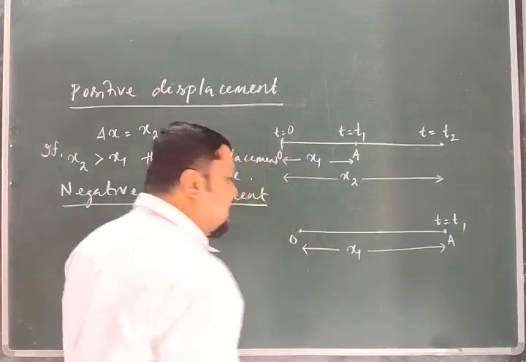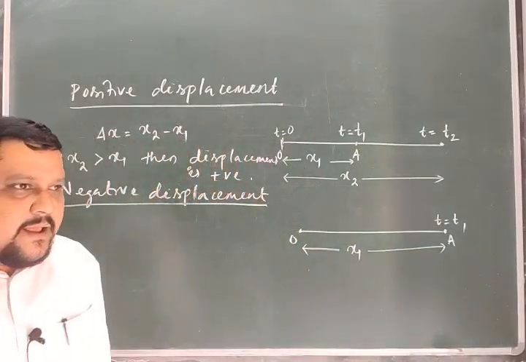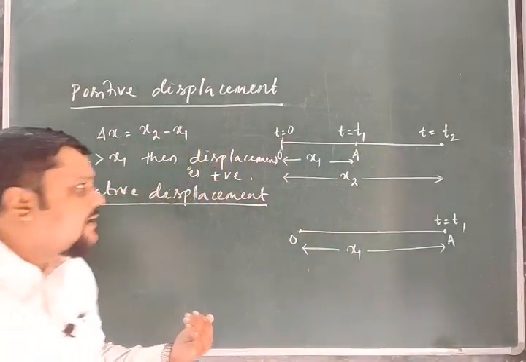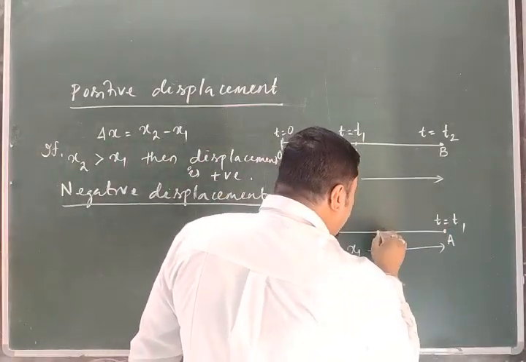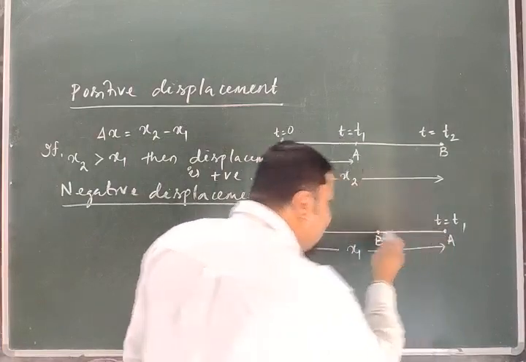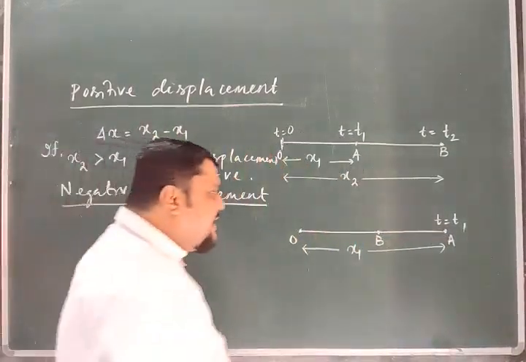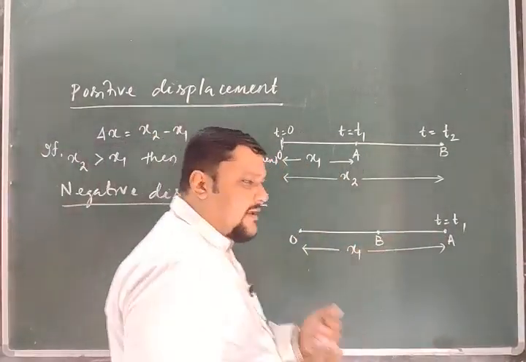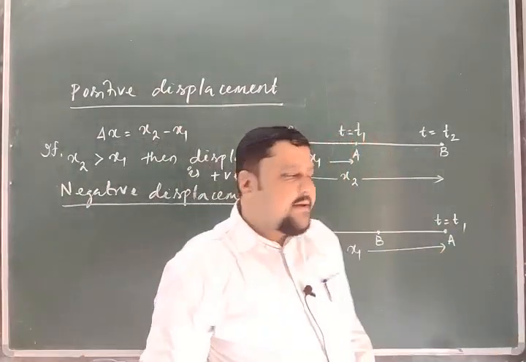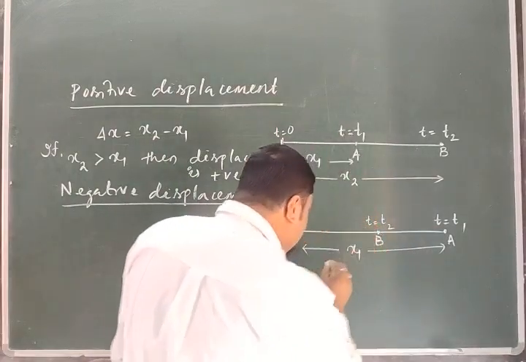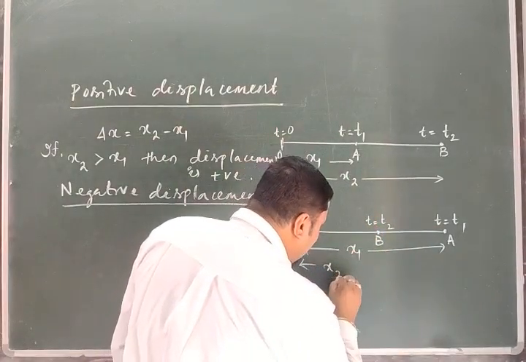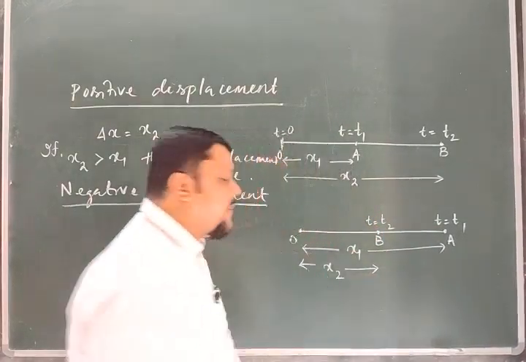Now the particle goes from A to another point B. Then from B it comes back along the same path, and it reaches B at time t equal to t2. At B, the distance from the observer is x2.